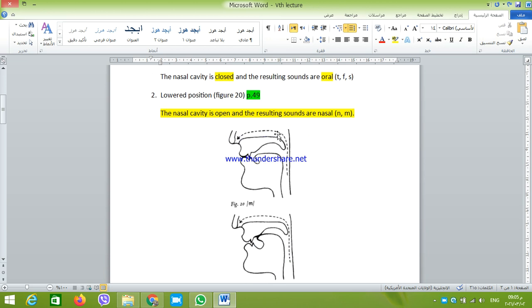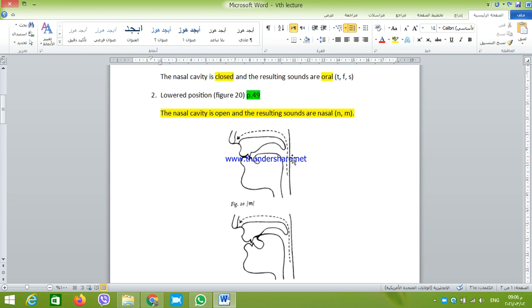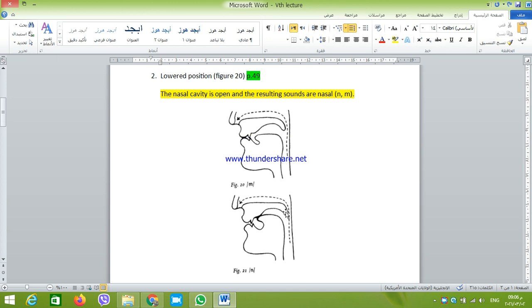While in the second case, as we can see here, this is the pronunciation of ma, and this is the pronunciation of ne. Here, the soft palate is lowered. Look, it is lowered, and the air can go out through the nasal cavity. But remember always that when the soft palate is lowered, the nasal cavity is open, but at the same time, the oral cavity is closed.